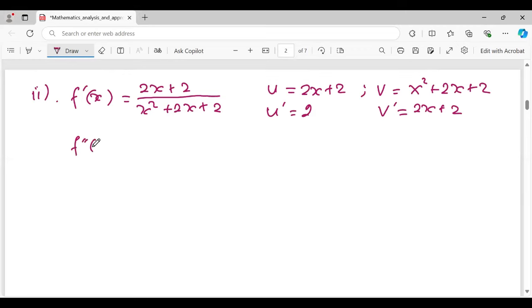So the second derivative we could find through (phi times derivative of u minus u times derivative of phi) over phi squared.